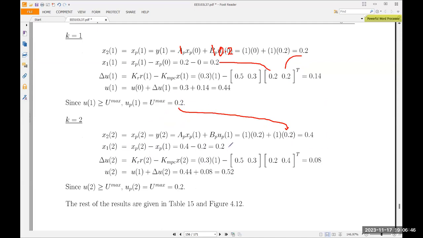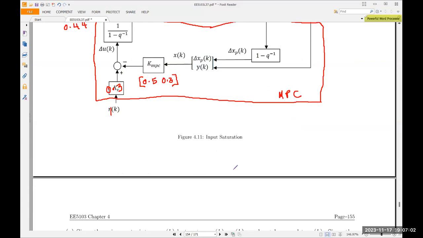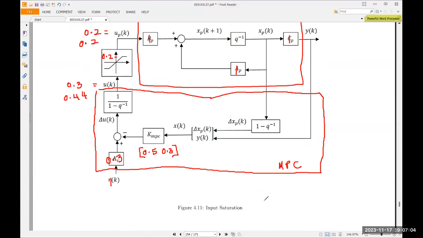You get 0.2. So you got the new 0.2, 0.4. Then you go through your MPC calculation, you get 0.08. Then U2 is this, you get 0.52. So likewise, 0.52 is actually what you calculated inside here, but what goes in is 0.2. And then you continue and continue and continue.